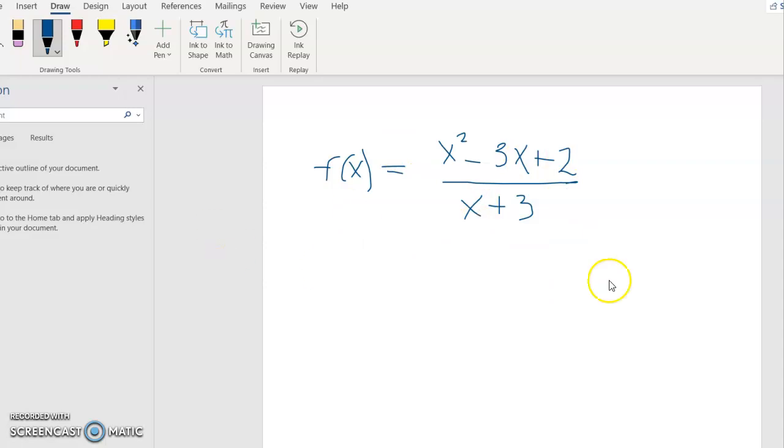Okay, so let's take the derivative of this using our quotient rule. Let's recall our quotient rule is the derivative of the top times the bottom minus the derivative of the bottom times the top over the bottom squared. So let's use that here.